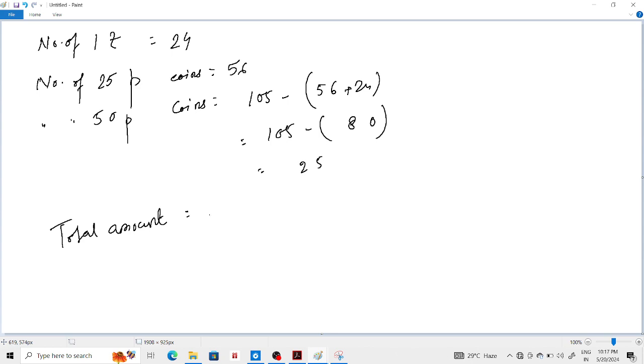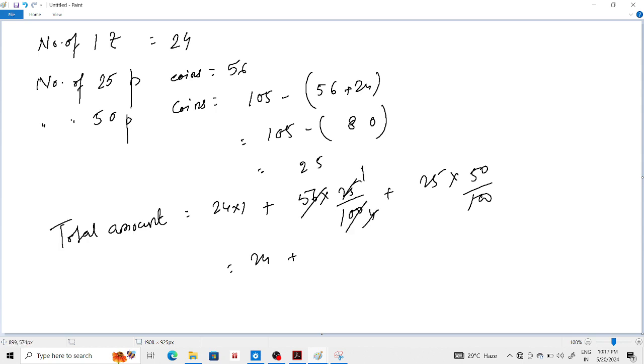So 24 1 rupee coins, so that is 24 into 1 plus 56 25 paise coins, so that is in rupees 25 by 100 plus 25 50 paise coins, so that is 50 by 100. So that is 24 plus 14 plus 12.5.